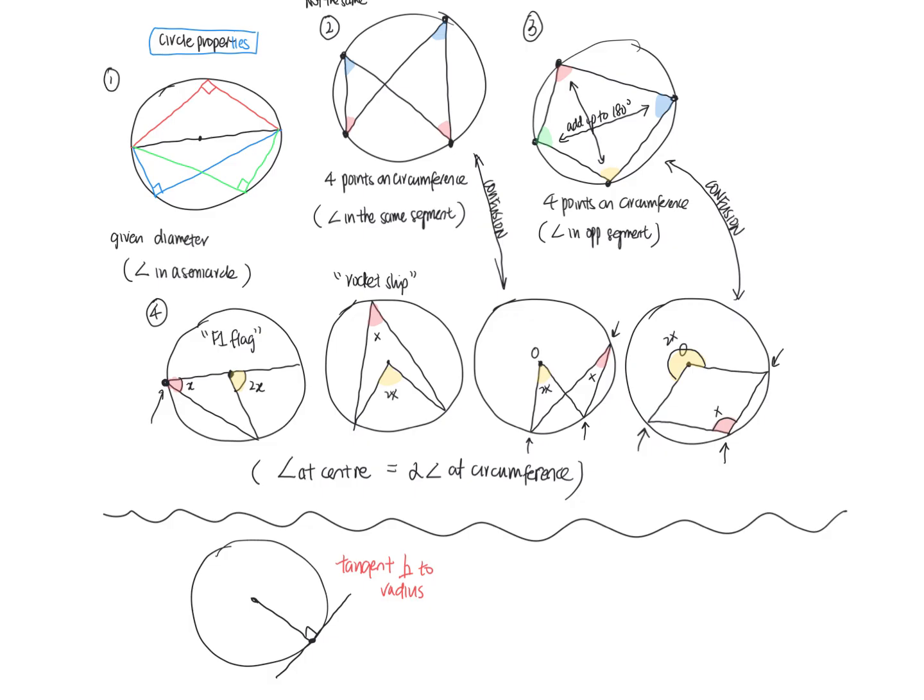Okay, but if I have 2 tangent lines, one here, the other one here, and they meet at an external point, then take note, these 2 angles will be the same, this one will be 90 degrees, and these 2 lengths will be the same as well.